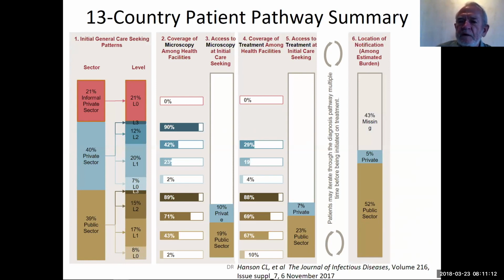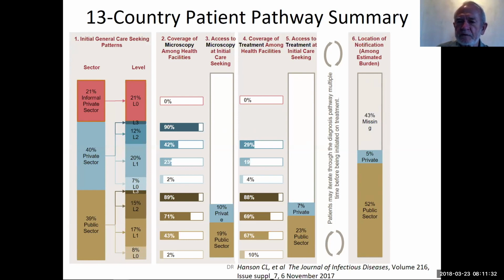Now, just looking at where these cases might be based on what we know of the case notification rates among the estimated burden of disease, 43%, this is getting back to the 40% gap that I mentioned, are not notified.